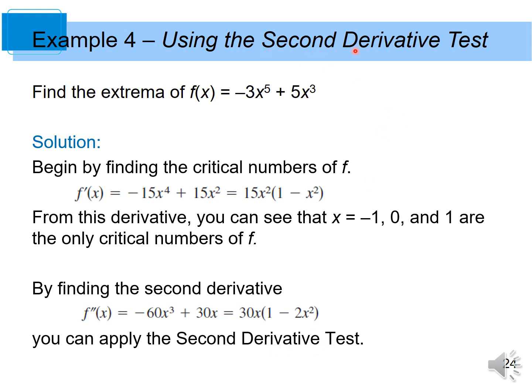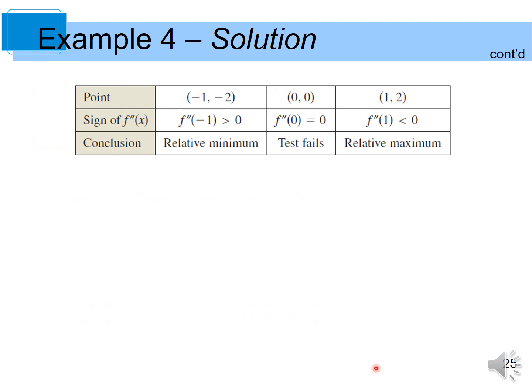This is the second derivative test working. Construct a table. Since we have 3 points, negative 1, 0, and 1, substitute these three values into the original function, and we get the y coordinates.